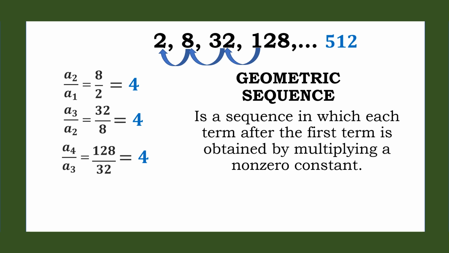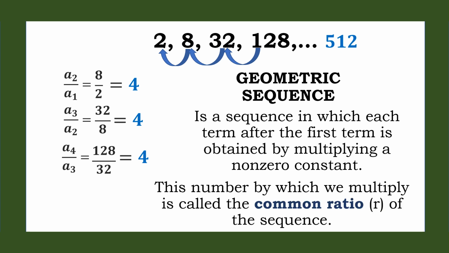A geometric sequence is a sequence in which each term after the first term is obtained by multiplying by a non-zero constant. The number by which we multiply is called the common ratio, and it is represented by a small letter r. In this case, the common ratio is positive 4.